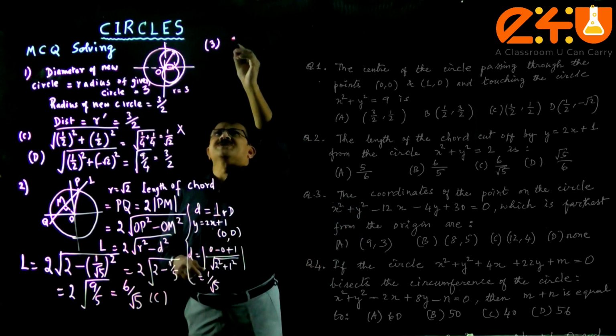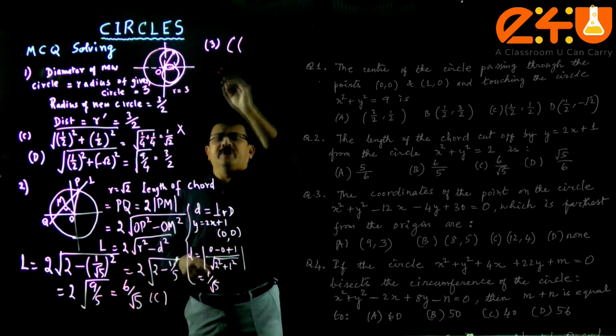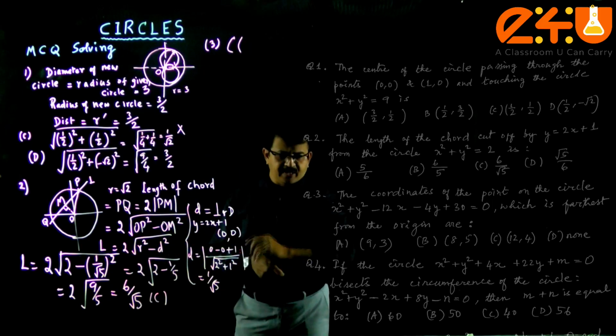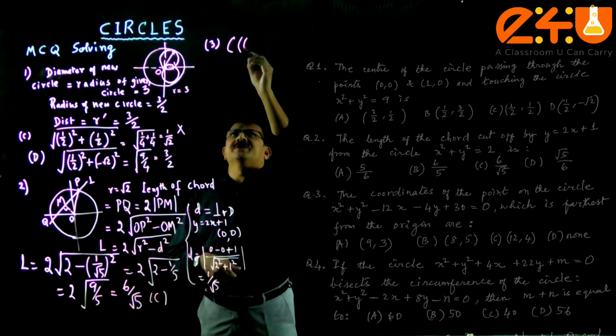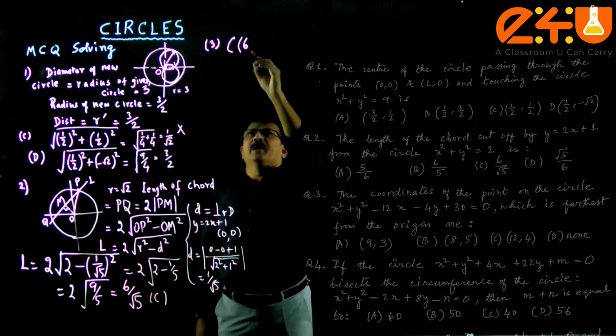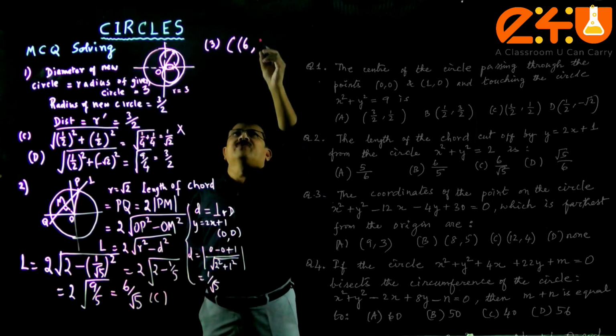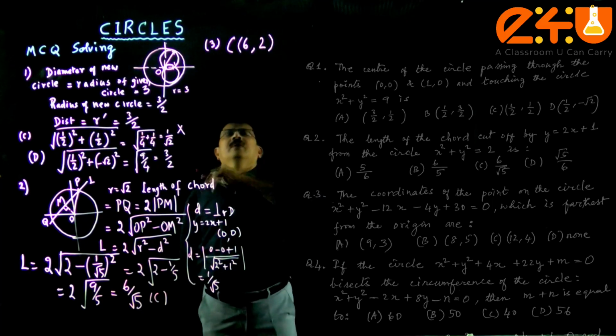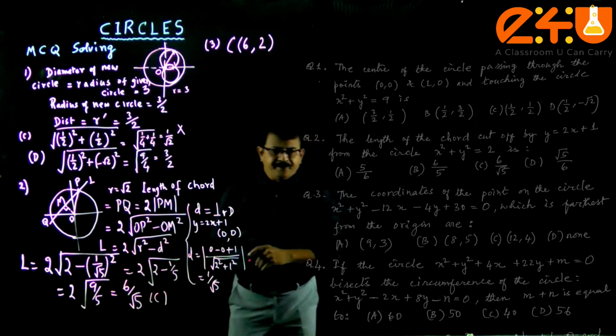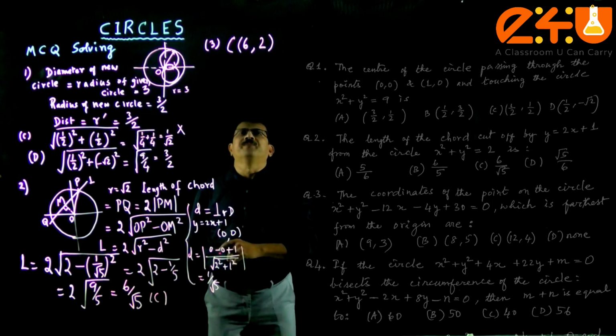We are extracting the center of the circle. The center of the circle is: change the sign of the x coefficient and make it half, change the sign of the y coefficient and make it half. So what we get is 6, 2.